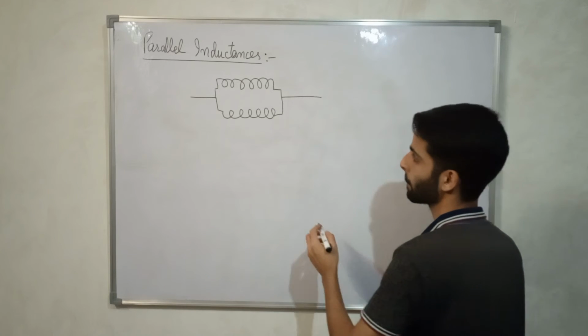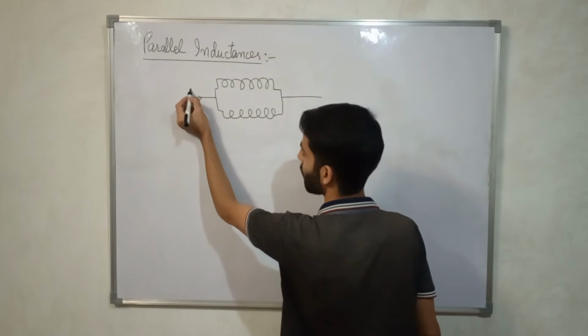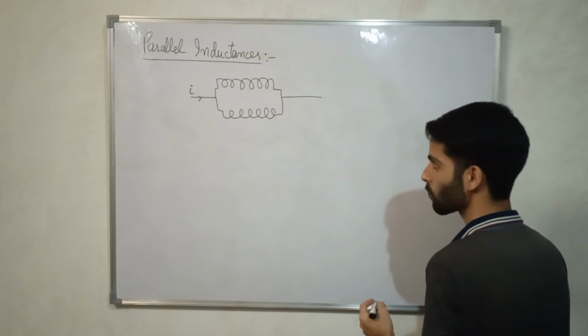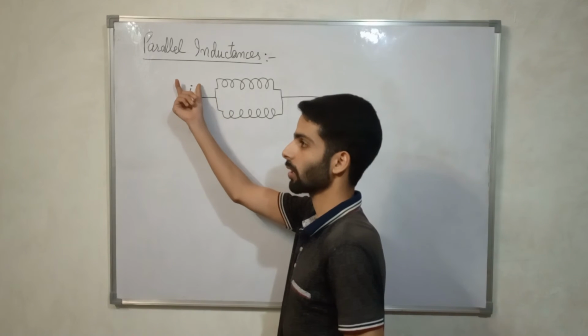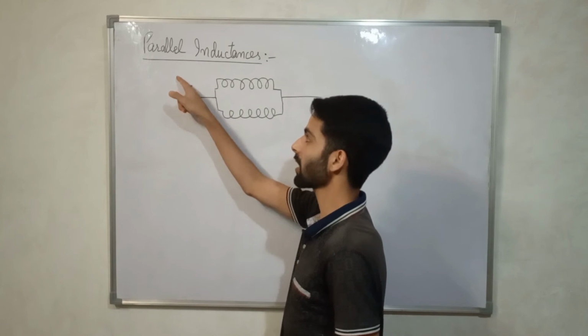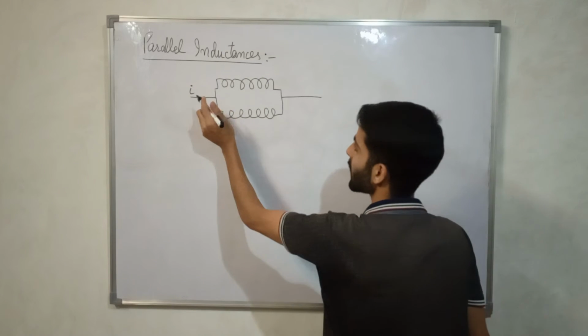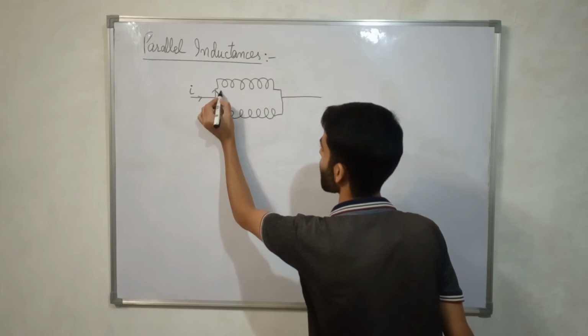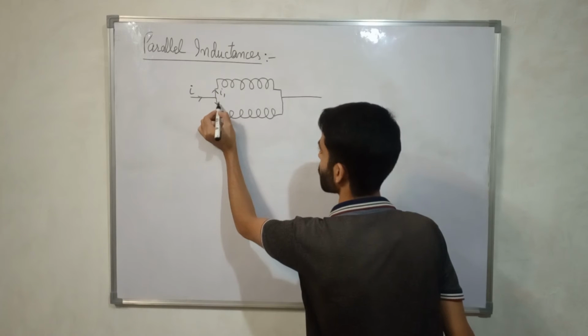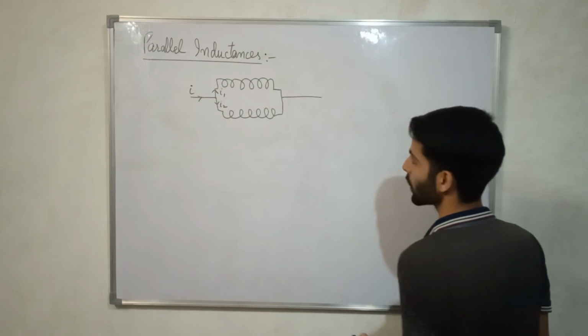The current flowing from here be I. Which current? Not static current, but time variant current. That be I. That is bifurcated into two branches, I1 and I2.